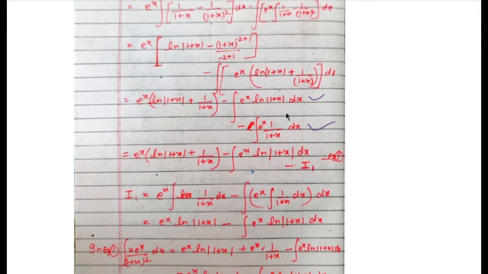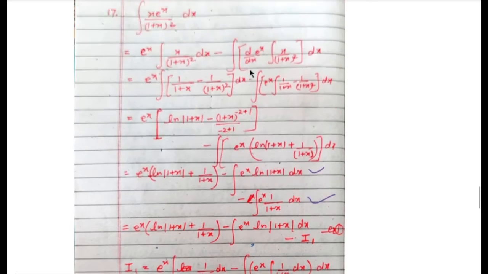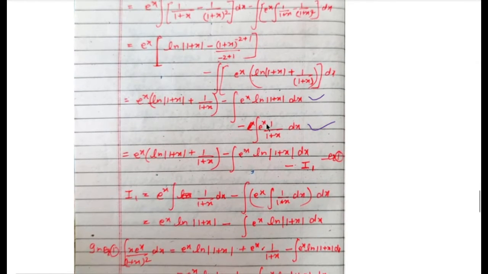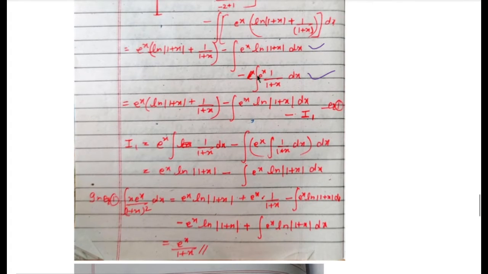And in the second term of the formula, I'll get e raised to power x as the derivative, and I'll get this as the natural log of 1 plus x, and there it will cancel. So keeping that in mind, I let this part be I1 and started sorting it out, and I was right. I got these two terms.